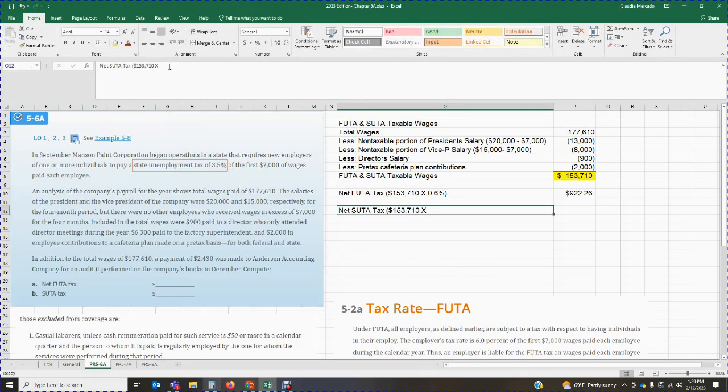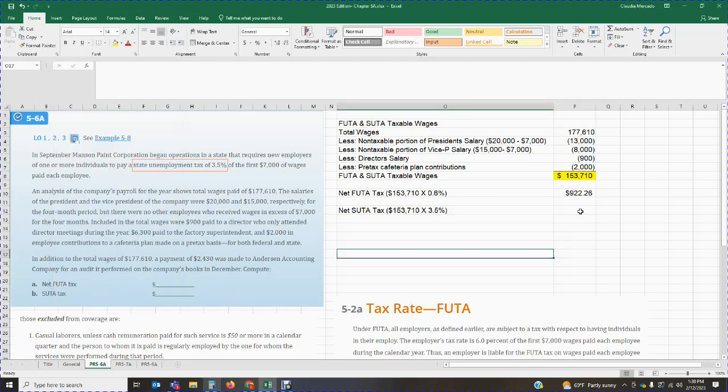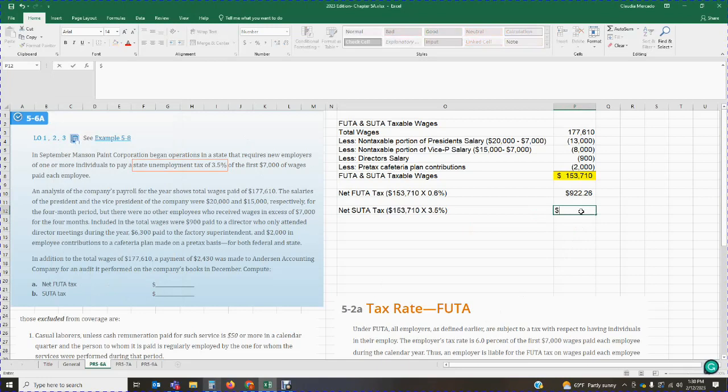So we're going to multiply the 153,710 times 3.5%. And let's see what that gives us. 153,710 times 3.5%. That gives me $5,379.85. Now this is the dollar amount that is put into a trust account for when employees are let go and they need to be paid unemployment. This is where they grab the money from the SUTA tax, from the state unemployment tax.